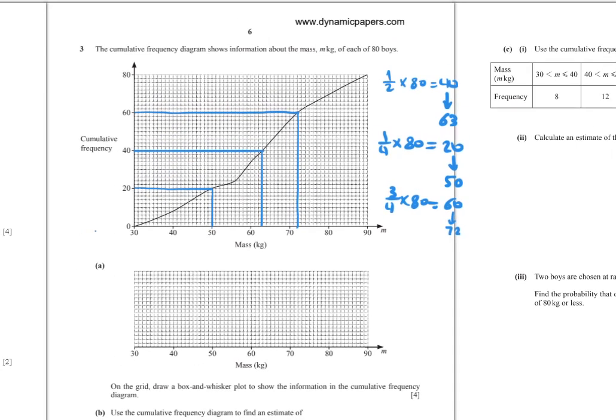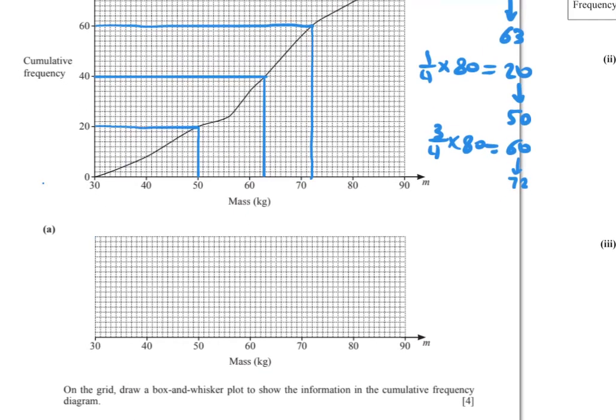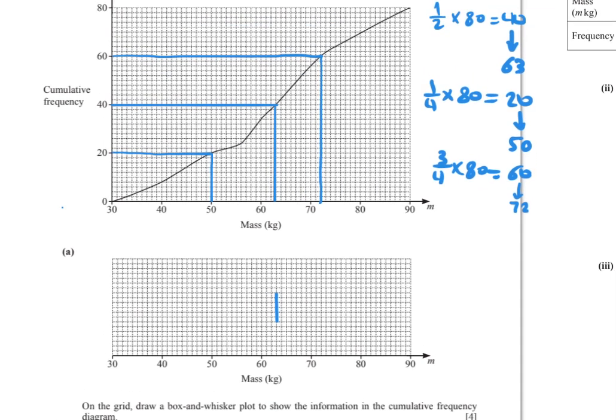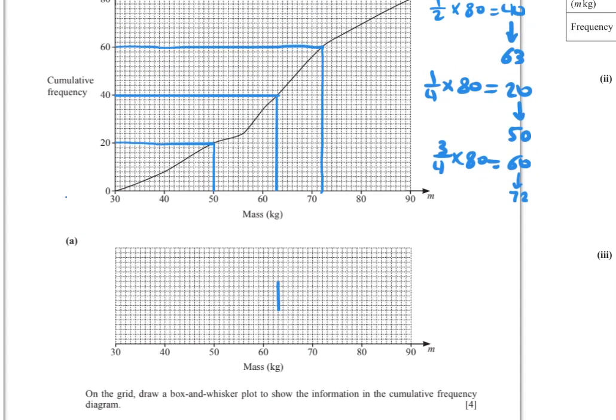Now we have the median, we have lower quartile, we have upper quartile. So the median is 63. Lower quartile 50. For the upper quartile 72.